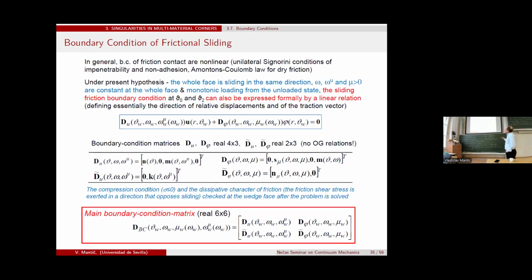If we consider the boundary condition of frictional sliding, we can also write it as a linear condition where omega is unknown: the shear stress vector in the contact zone is a priori unknown. But the trick is that these matrices are now not square, they are rectangular matrices, but we can devise adjoint matrices of smaller order so that at the end we can form this main boundary condition matrix, 6 times 6, which is also orthogonal.